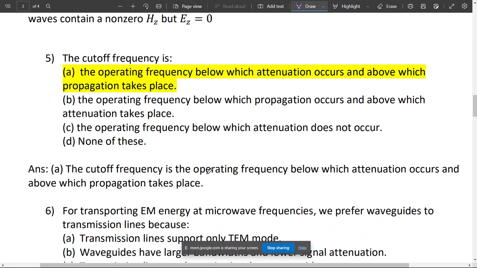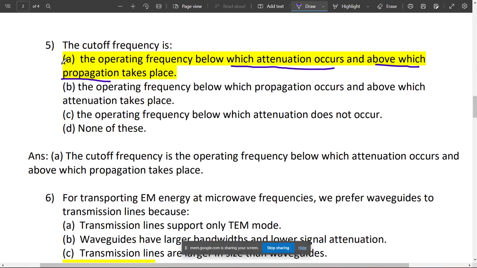No issue. Option A is the correct option. So the cutoff frequency means above that cutoff frequency the propagation will occur, and below this cutoff frequency attenuation will occur.